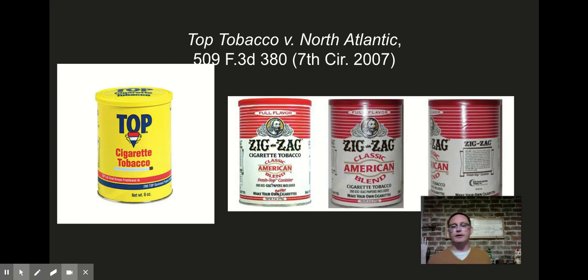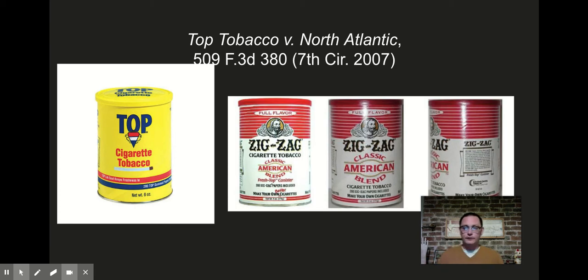So what was going on here? We've got two different tobacco brands, right? Two big major tobacco brands selling loose tobacco, right? So this is tobacco that people would buy to use in order to roll cigarettes themselves. Okay, one brand is the famous Top brand, right? Their word mark consists of the word TOP in capital letters.